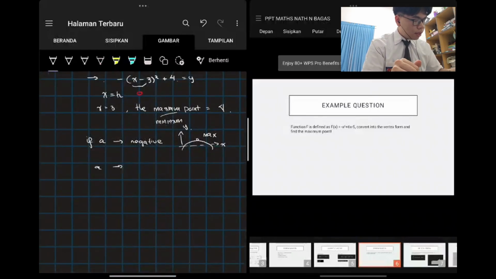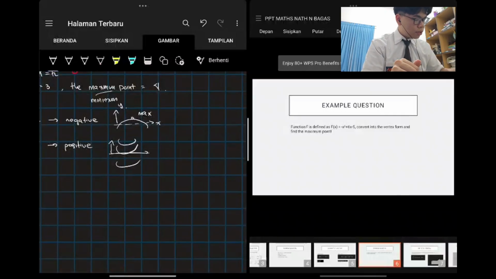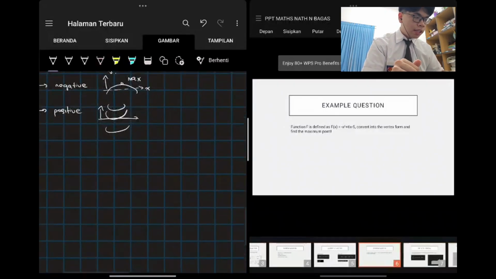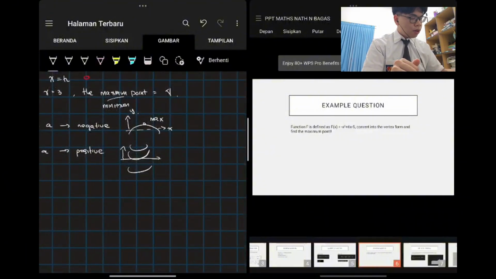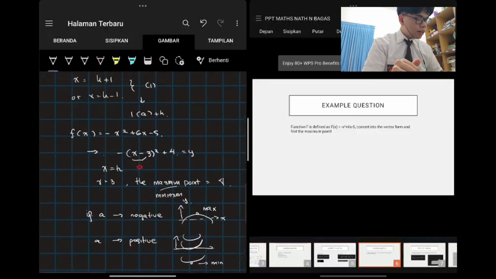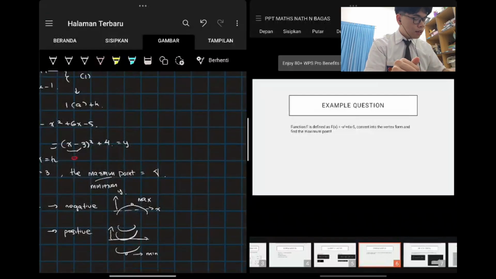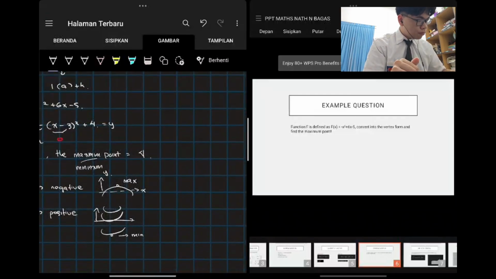If a is positive, the graph will be shaped like this, or like this, or like this, depending on the a, b, c values. So the vertex is a minimum. We can see here that the a is negative, minus 1 to be specific. So this is a minimum point. Sorry, my bad. A maximum.